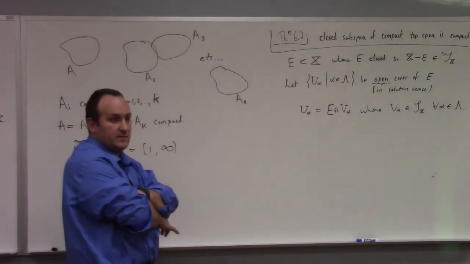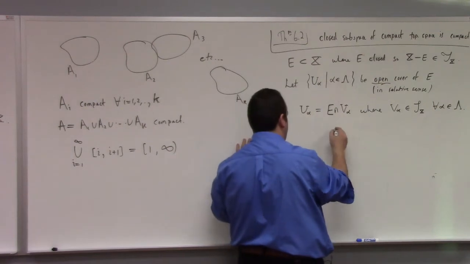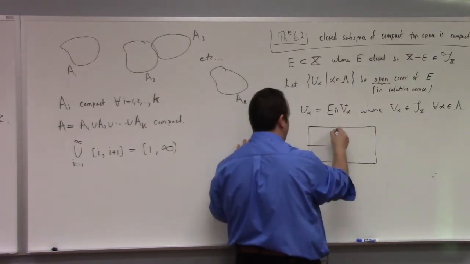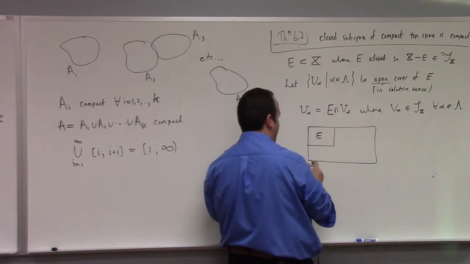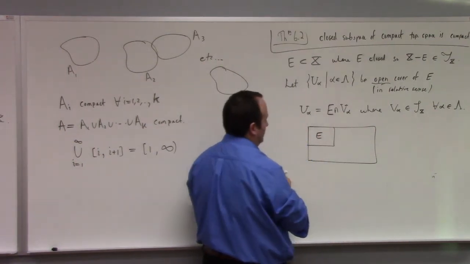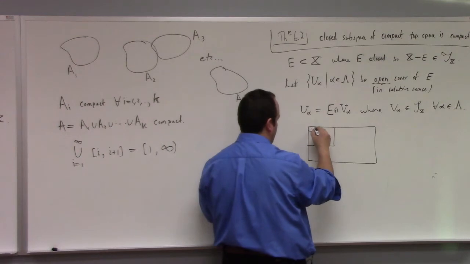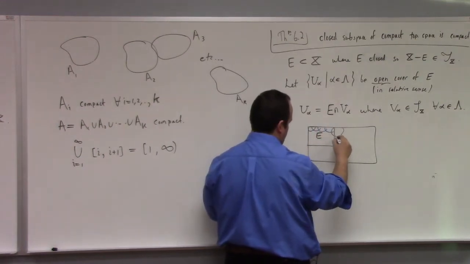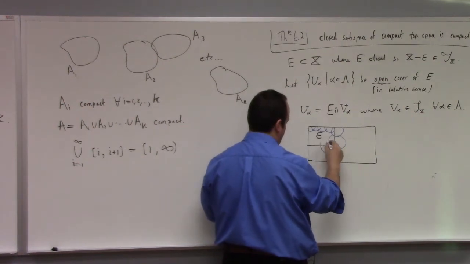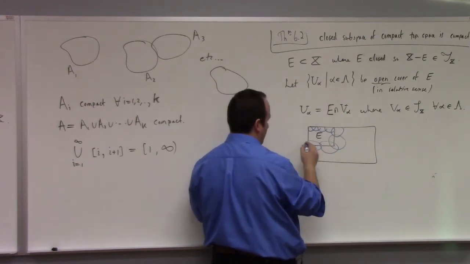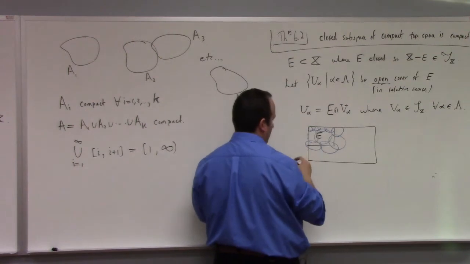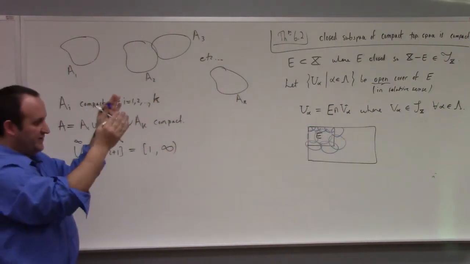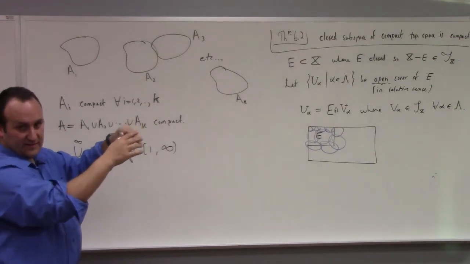How about this? If we look at this picture, maybe it'll help. That's some kind of open cover of E, right? You have to chop out the parts that are outside into the X space.